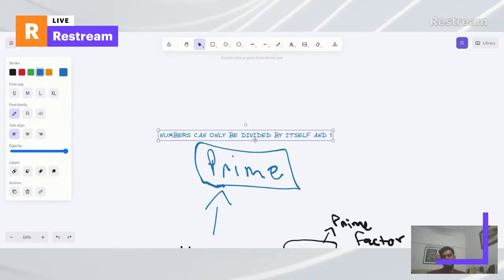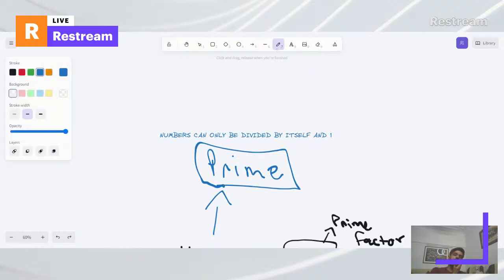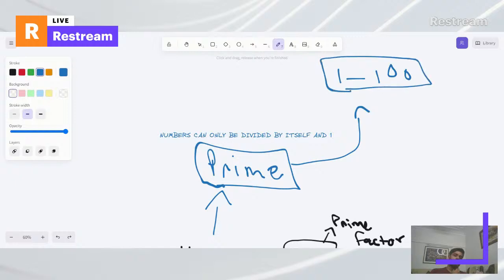Okay. In GCSEs, one of the most major things you can be asked is to identify prime numbers between 1 and 100. What you need to do is make up a list, and one is not going to be included, because one can come in any table.